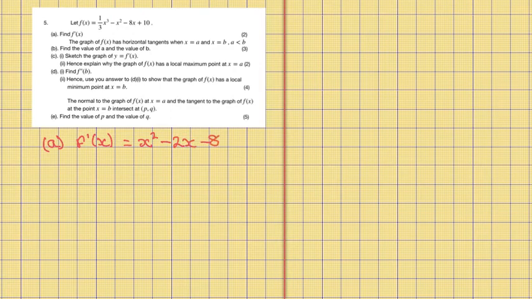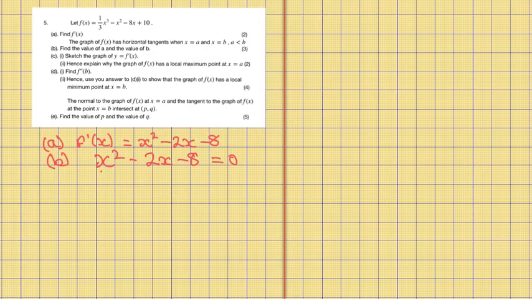Part B, the graph of f of x has horizontal tangents when x equals a and x equals b, where a is less than b. Find the value of a and the value of b. Horizontal tangents have a gradient of 0. That means we need to find when f dash x equals 0. So therefore we get x squared minus 2x minus 8 is equal to 0.